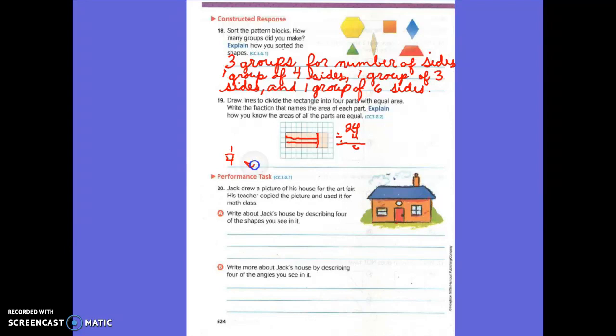Yes, they all have 6 squares in them. Didn't we say 6 unit squares?